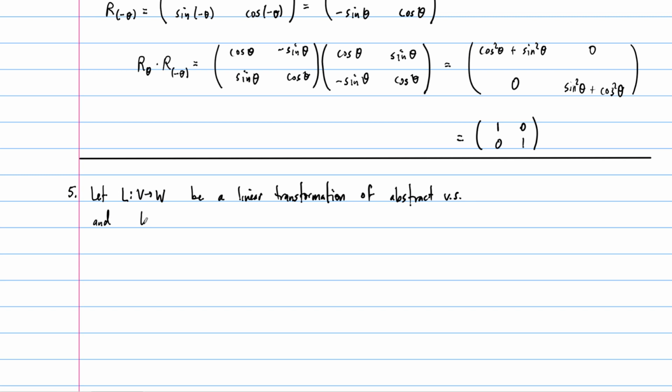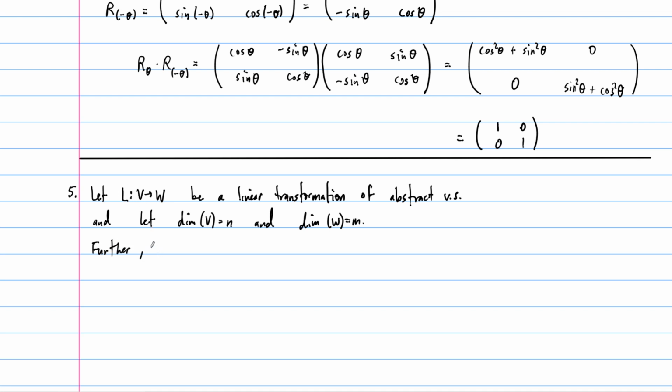So let's suppose that the dimension of V is equal to n, and the dimension of W is equal to m. All right, so that we're working in the same realm here, where we have an n-dimensional vector space being mapped to an m-dimensional vector space. And let's further suppose that we have ordered bases of these two vector spaces.